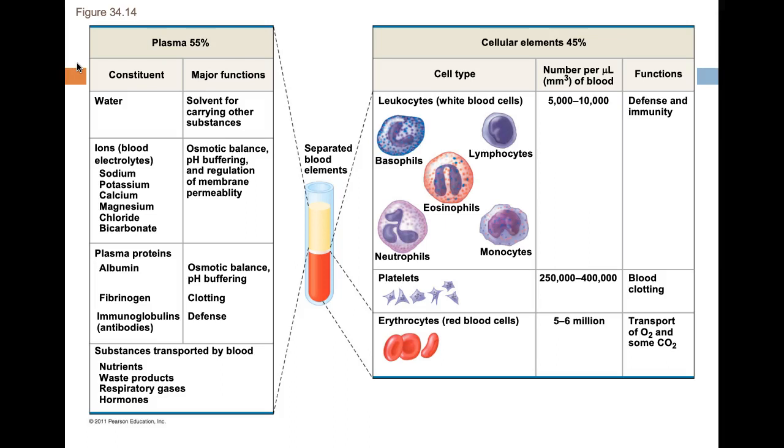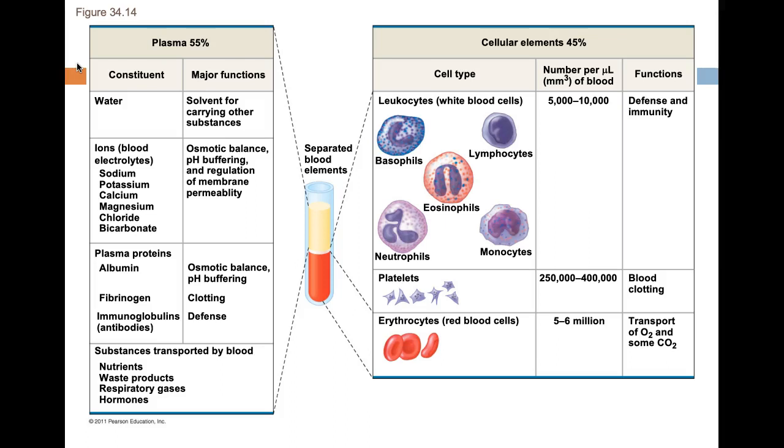Ions in our bloodstream have another name, blood electrolytes. Things like sodium, potassium, calcium, magnesium, chloride, and bicarbonate help to buffer our blood and keep it around that safe pH of around 7.4.